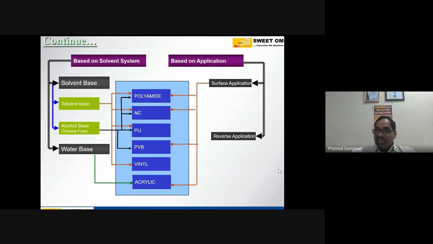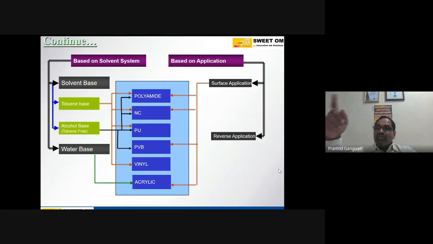Be very clear, be very specific, because nobody usually distinguishes this aspect. Everybody will understand that applying any coating on any surface is called surface coating. No, surface coating means when we are applying a coating on a substrate and it is exposed to the air, or it is directly, I am using the word directly, coming to the eye contact, then it is called surface coating.